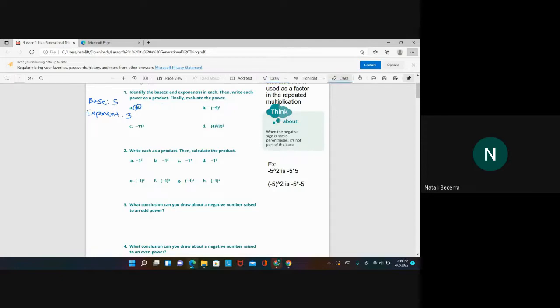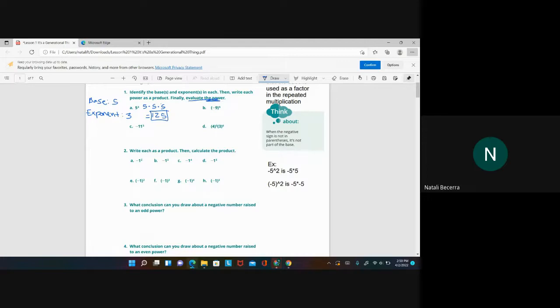Let me delete that so you can see it. The exponent tells me how many of the bases I have. So that means I'm going to have 5 times 5 times 5. And then lastly, they wanted to evaluate the power. So 5 times 5 times 5 is 125.